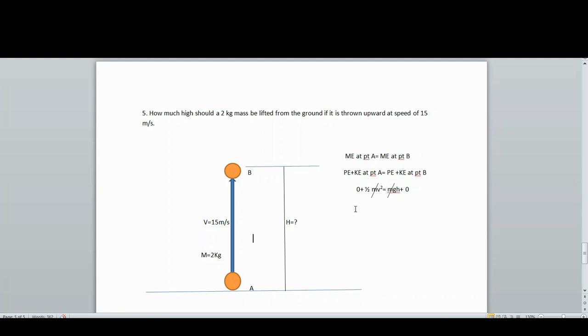So, we are left with 1/2 v² equal to the potential energy of the system, this equals gh.